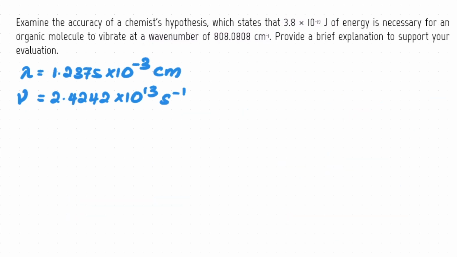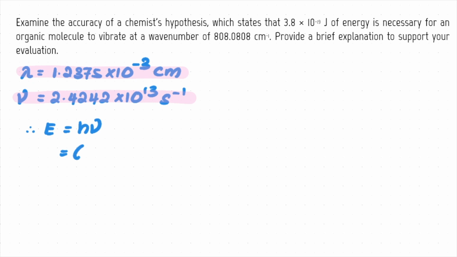Alright, so from our calculation just now, we know that the wavelength is 1.2375 times 10 to the power of negative 3, and our frequency is equivalent to 2.4242 times 10 to the power of 13 per second. Therefore, from here, we can find what is the energy. So energy is equivalent to the Planck constant times the frequency.